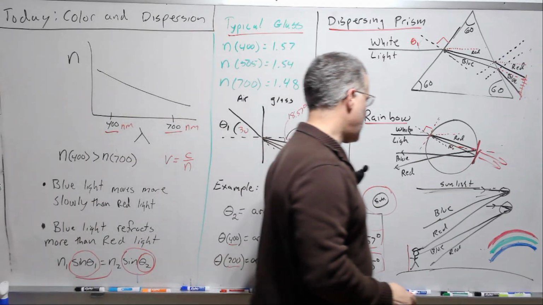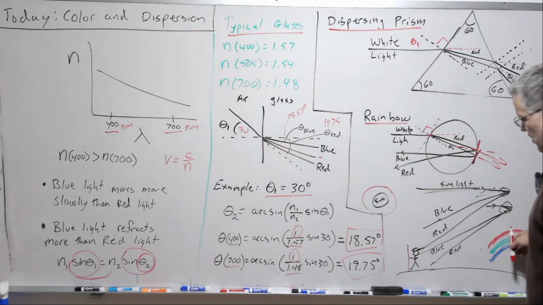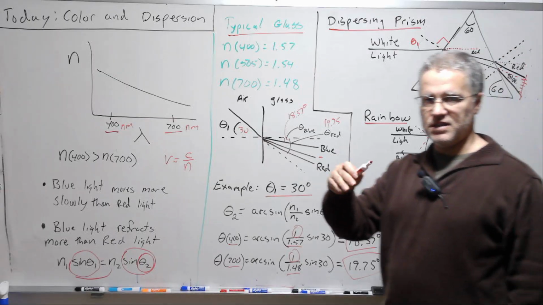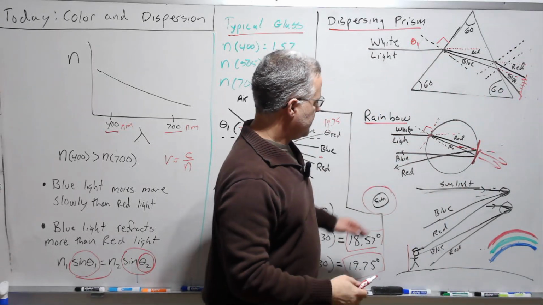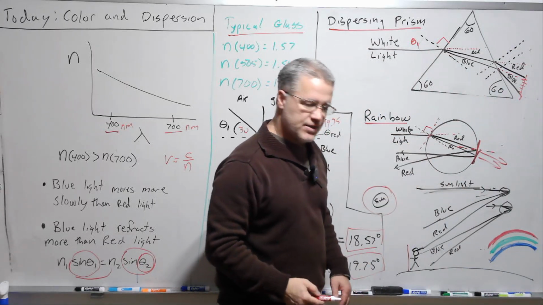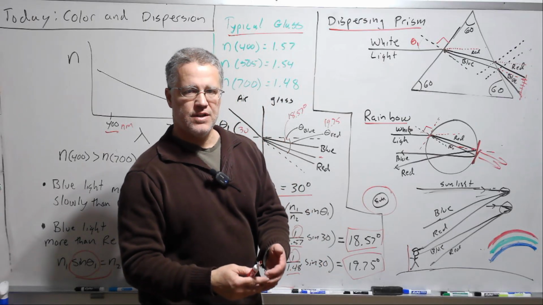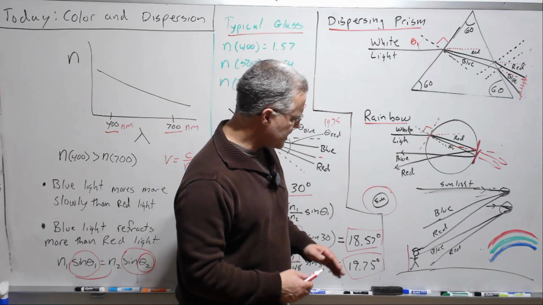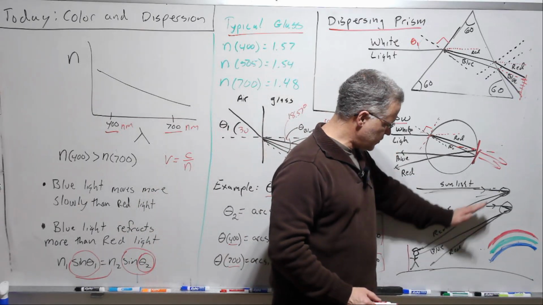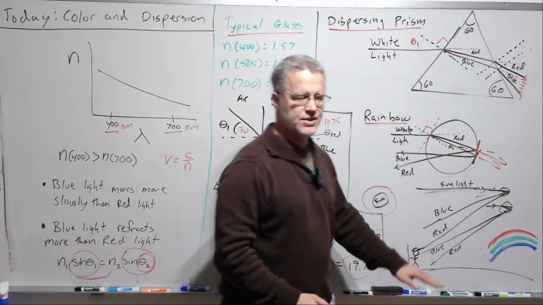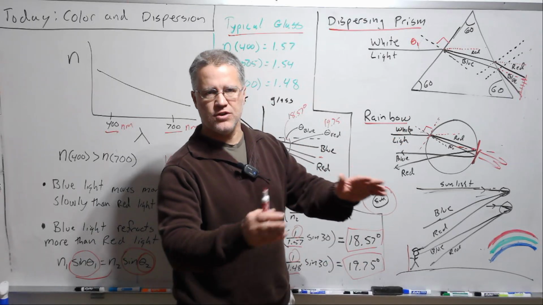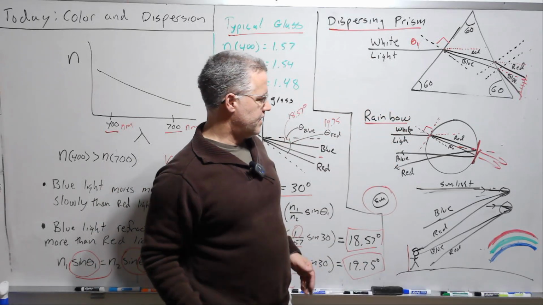And so every droplet along this vertical direction will have some particular angle. But as we said here, there are optimal angles for which we get the brightest colors coming out. And it turns out that if we look up this way, it's about 40 to 42 degrees above the horizon, and that's where it's the brightest.